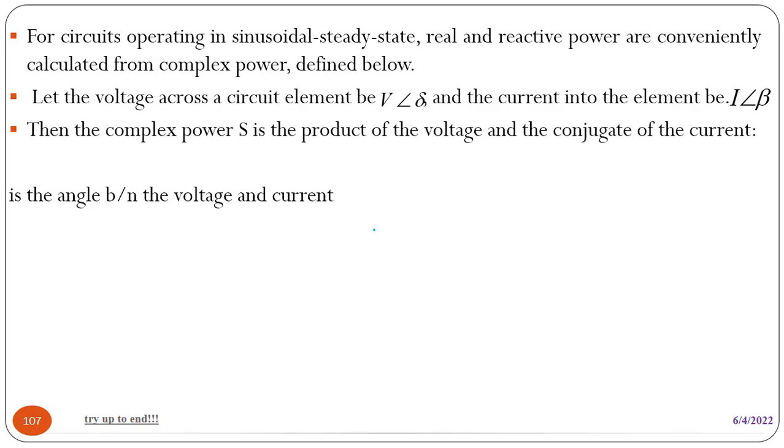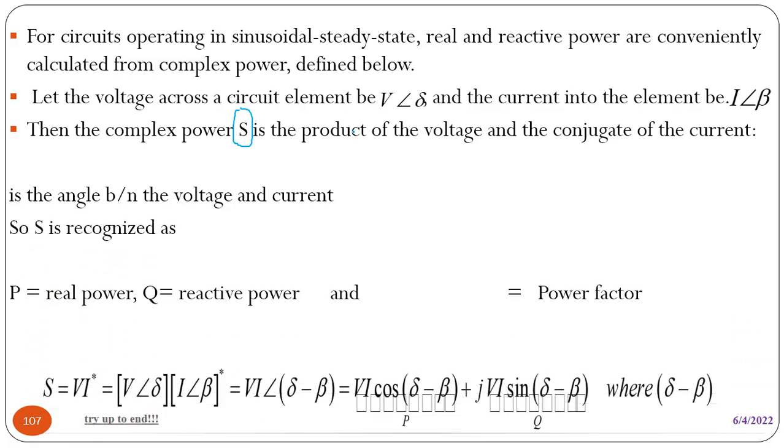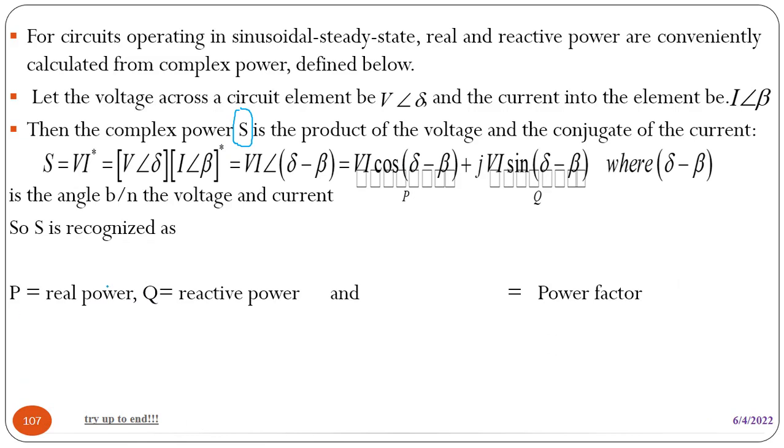Then the complex power, symbolized as S, is the product of the voltage and the conjugate of the current. When we conjugate the current, the angle becomes negative.